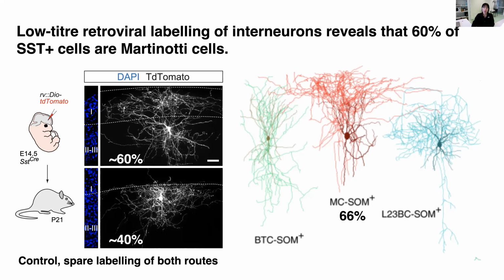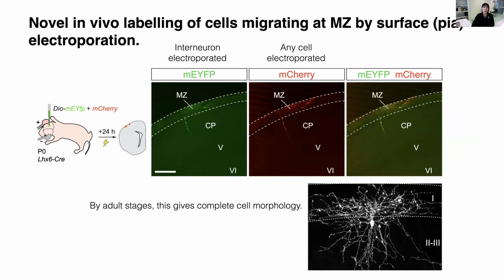The second approach we took was to find a way to label cells that are passing through the marginal zone in vivo and ask what they become when they get to adult stages. The method we devised was an in utero electroporation method where we inject DNA right underneath the skull and electroporate.